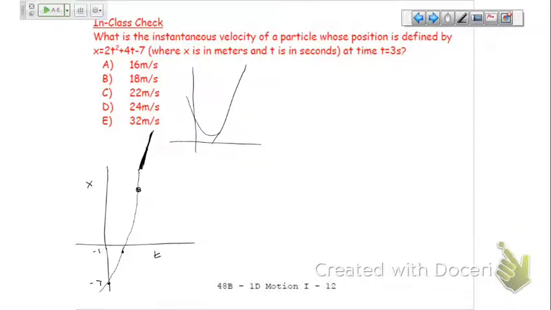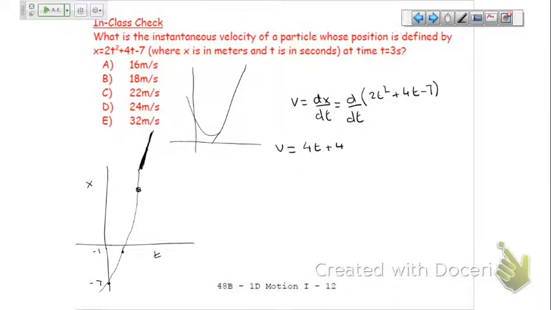And my velocity is my slope. What do I say mathematically? I say v equals dx by dt, which equals d by dt of my x function, 2t squared plus 4t minus 7. So v is equal to, multiply the power by the coefficient and reduce the power by 1, so that's going to be 4t plus 4.